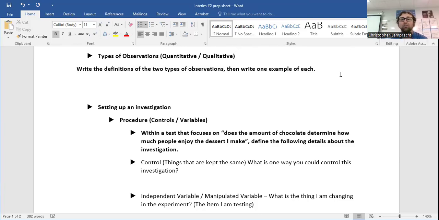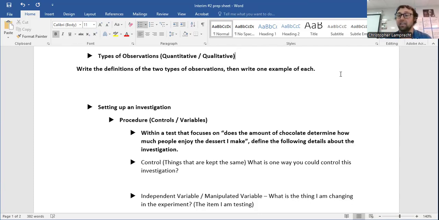Now, as a reminder, quantitative is a quantity, so the number that is being observed. That would be like, I have 14 tables in this room. I have one brother. That would be an example of a quantitative observation. A qualitative observation would be like, my brother is shorter than me.